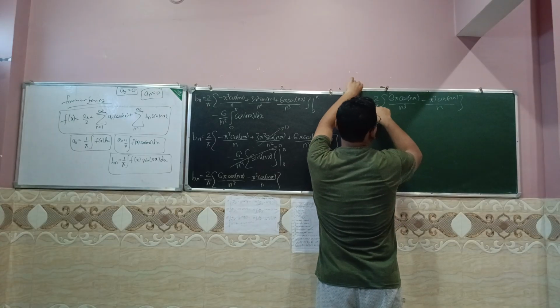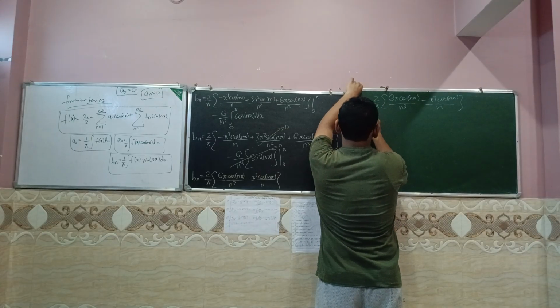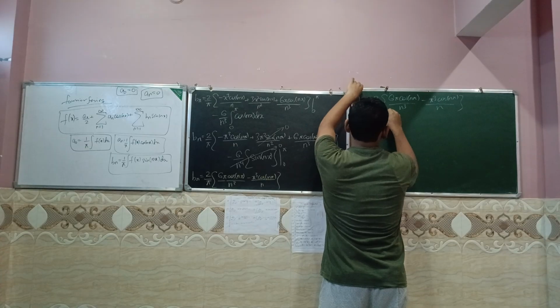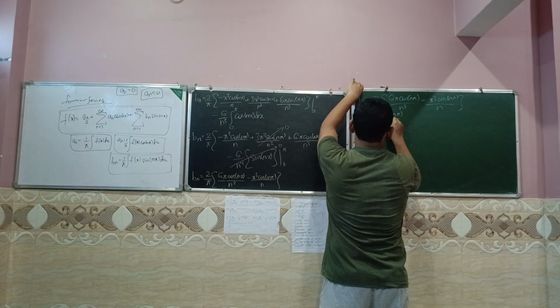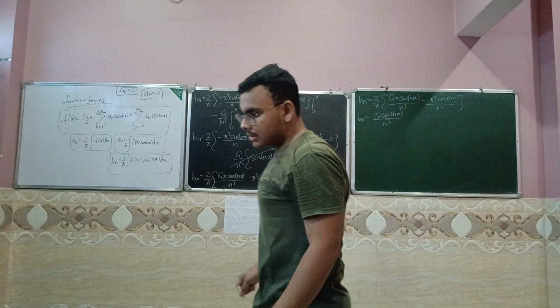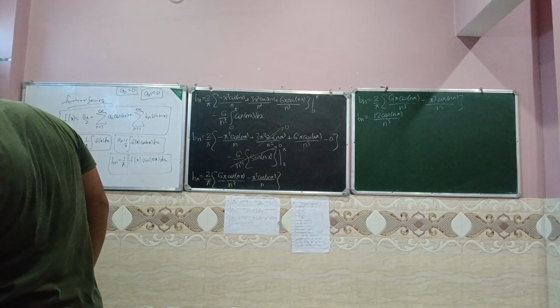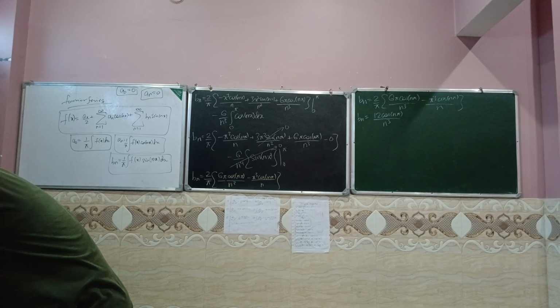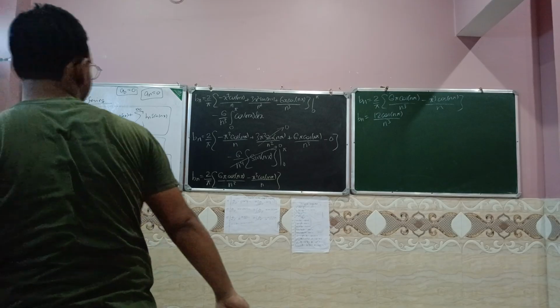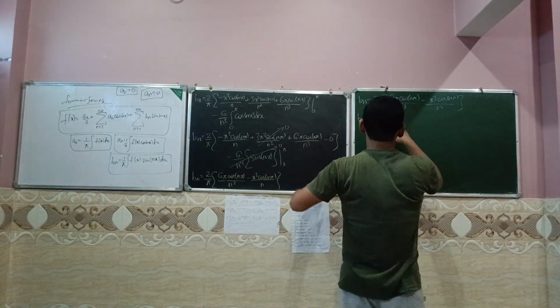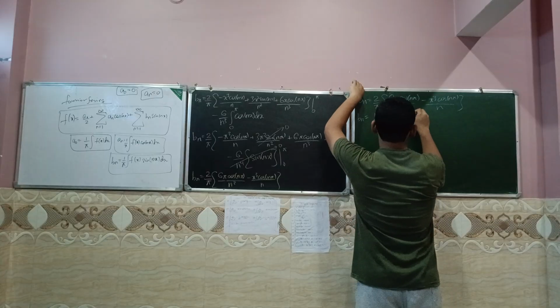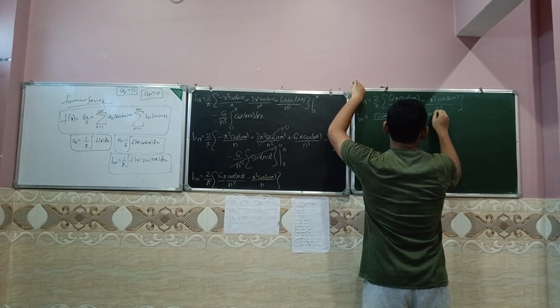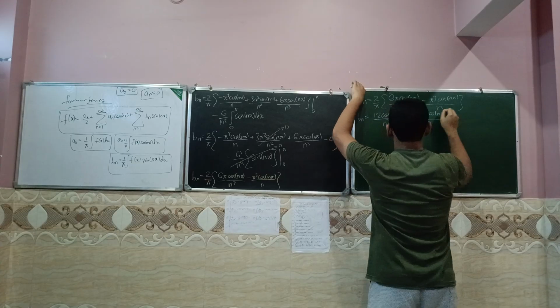Multiplying this 2 over pi into this, we would have bn as 12 cos n pi over n cubed, and negative 2 pi squared cos n pi over n.